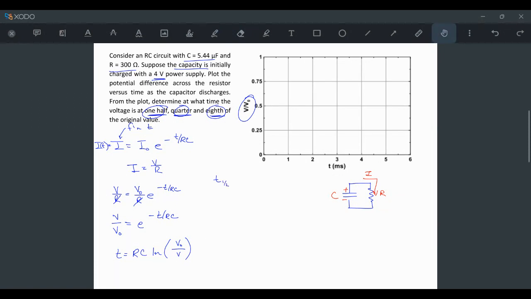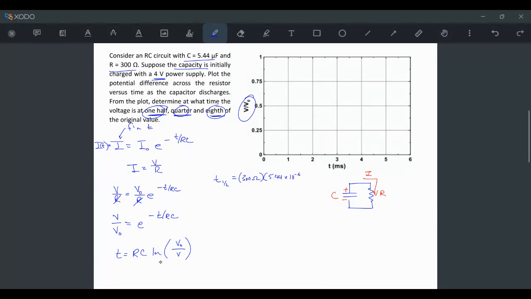The time when V over V naught is a half, which is typically referred to as a half-life, I'll give it a t subscript half, is equal to 300 ohms times, what is the capacitance? 5.44. I'll convert this for you if you want to do it at home.